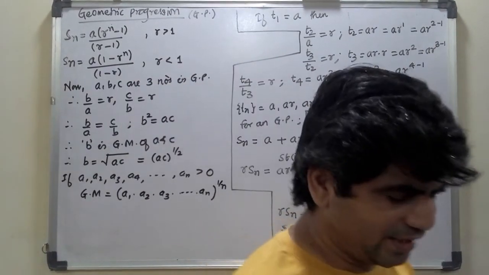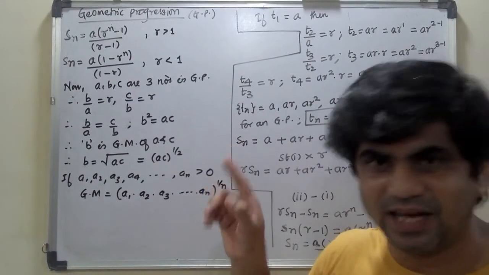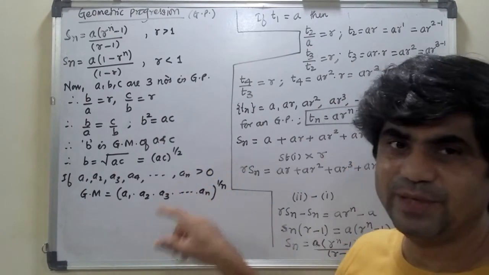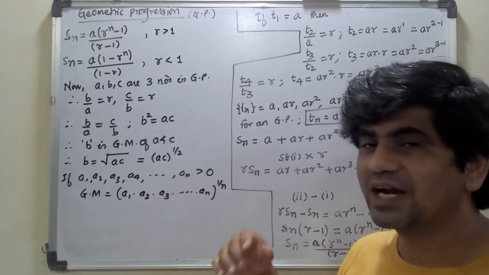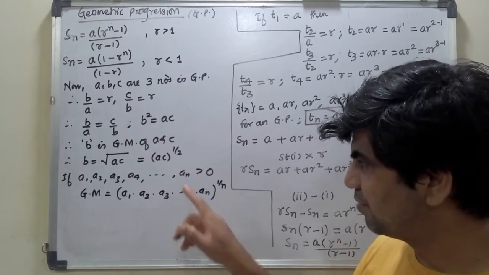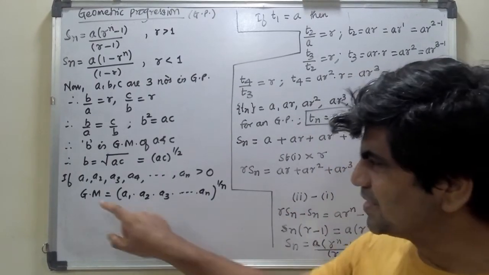Do not get frightened. This is not there for your standard 11 or 12th, but we will be using this in entrances like JEE, BITSAT and others. This is only an introduction.